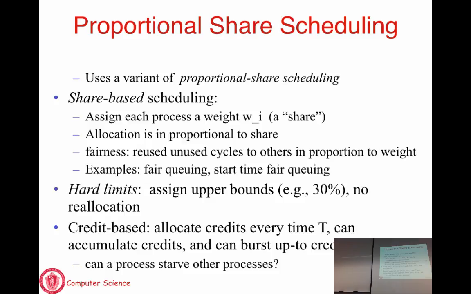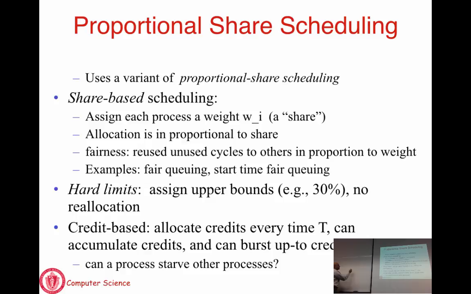The simplest way this is implemented is through the notion of a weight. A weight is very similar to a lottery ticket. You allocate a weight, which is an integer, to each process i, and that process gets resources in proportion to its weight.